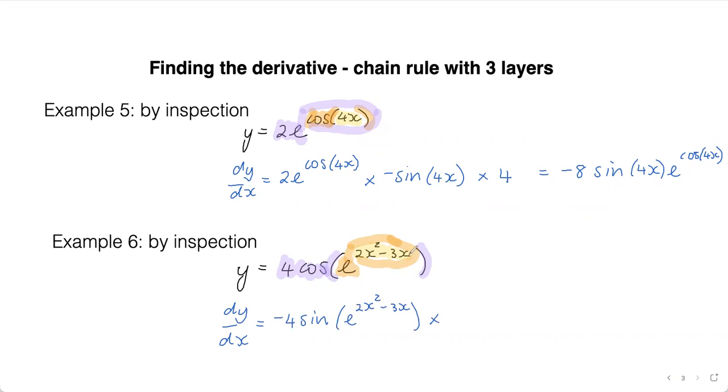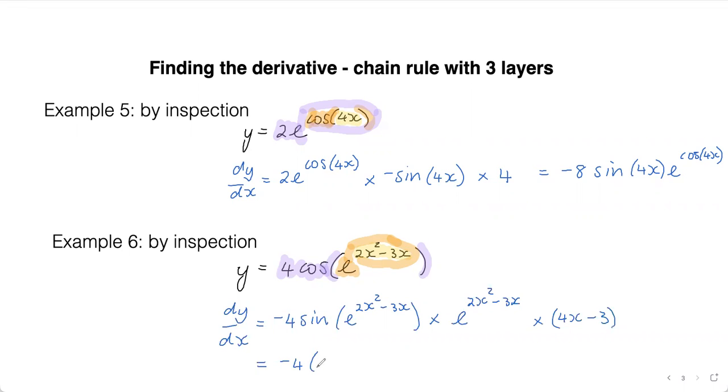times the derivative of our next layer. That's the exponential. So derivative of e to the x stays the same. So you just write that as is. And then last of all, derivative of that very inside layer, and that's going to be 4x minus 3. Once again, I've got a couple of terms so I need to put it in brackets. Okay, just going to now tidy all that up, and I'll bring that bracket right in here with the negative 4.